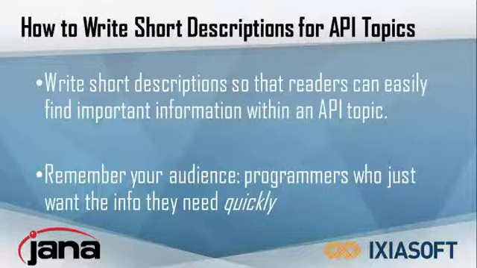For API topics, for some reason, API topics often skip the short description. And that's not a good idea, because a good short description can provide information to the reader as to whether a particular method, class, or function is pertinent to their needs.